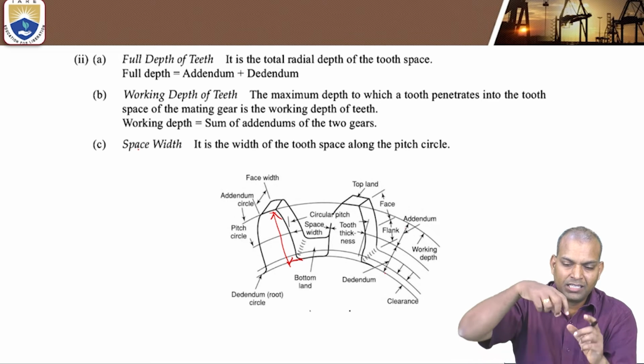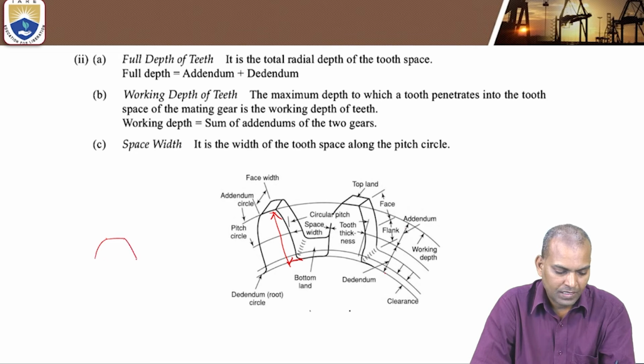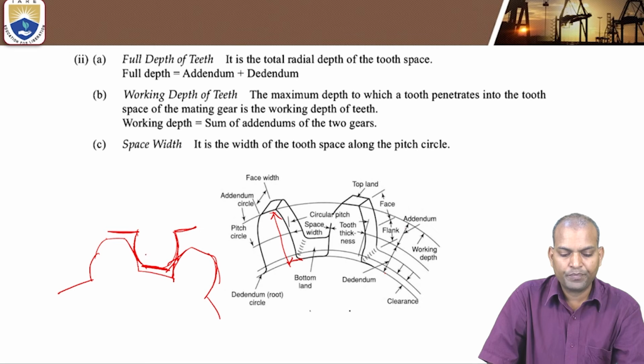So another tooth is in contact. If one tooth is like that, another tooth will be in contact with it. So what is the working depth?